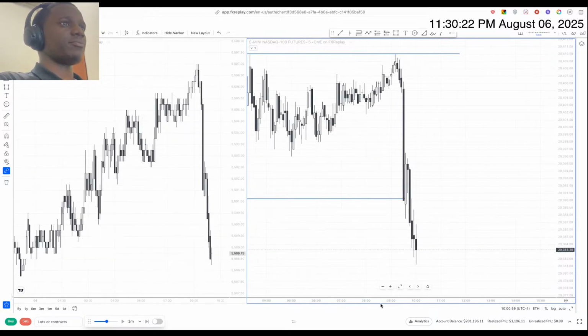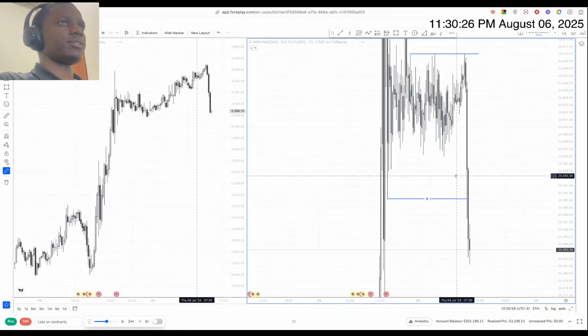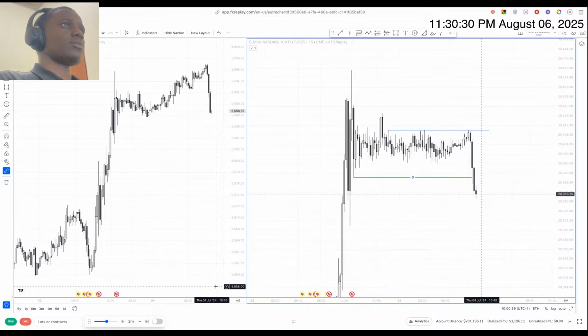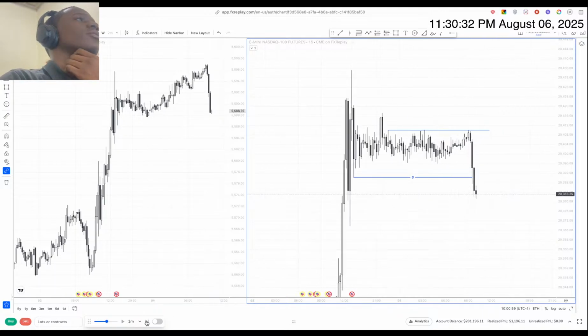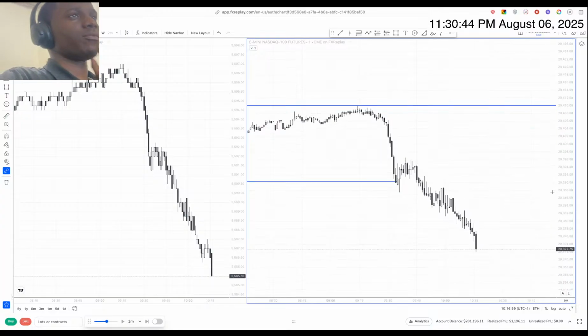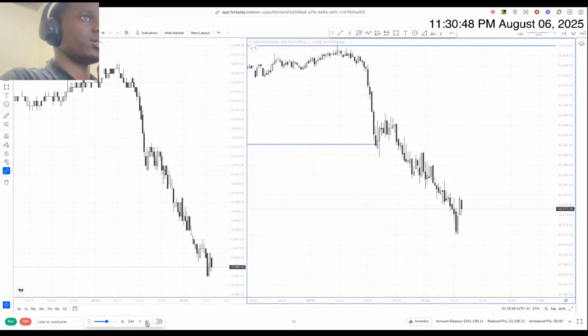So how's the 5 minute? Well, very, very bearish. 15, kind of the same thing. Let's let it drop. And we're still in the first 2 hours of trading. Crazy. Actually, the first 1 hour.